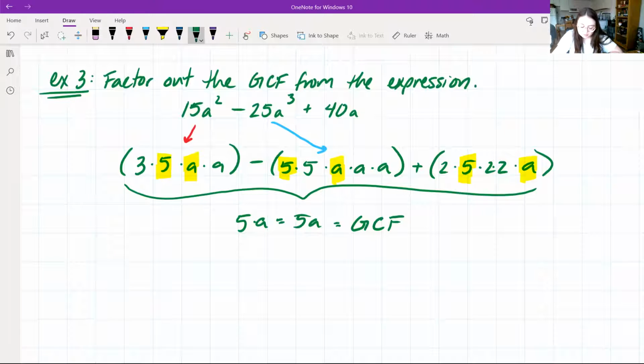So we want to express 15a squared as a factor of 5a and something else. So 15a squared divided by 5a is going to be 3a. Or we can just identify whatever was left over, which was 3a.